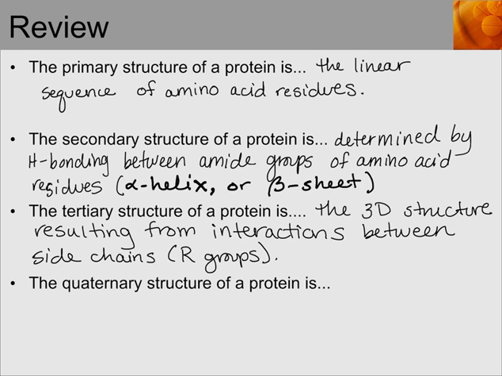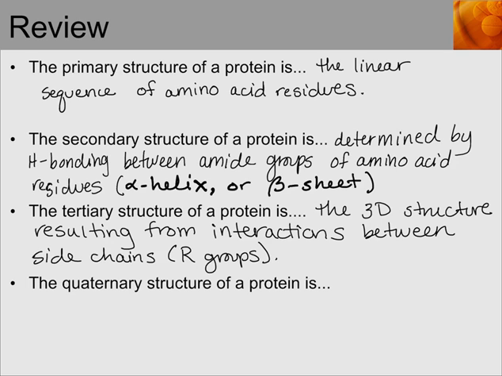And remember, there's 4 different types of interactions that could occur between the side chains. So you could have disulfide bridges, salt bridges, hydrogen bonding, or hydrophobic interactions. You could also write that down if you would like in your notes. I just ran out of room on this slide.